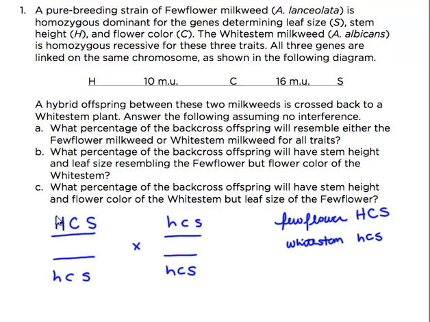Now, because we're test crossing with a white stem flower, that means that the only gamete they can get from this individual is little h, little c, little s, which means that the gamete they get from this individual will be what determines phenotype. Now, the only way to have a parental phenotype or parental gamete is to not have a recombinant gamete. So why don't we look at all the ways you could be recombinant and then do 1 minus all of those ways, which would equal the amount of parental.